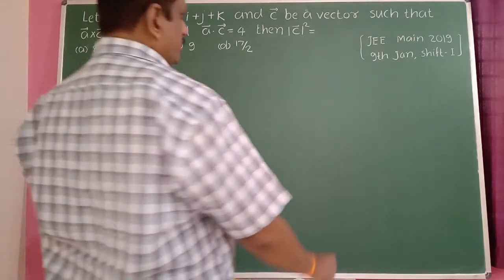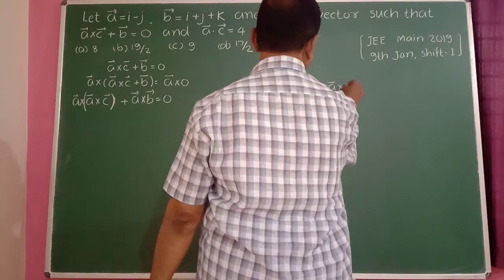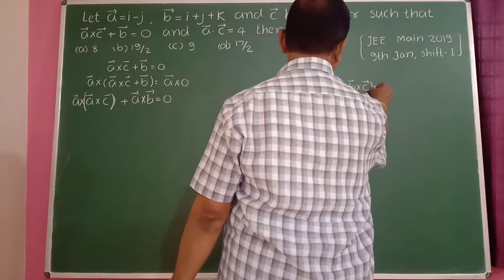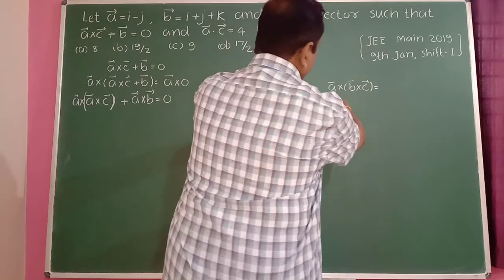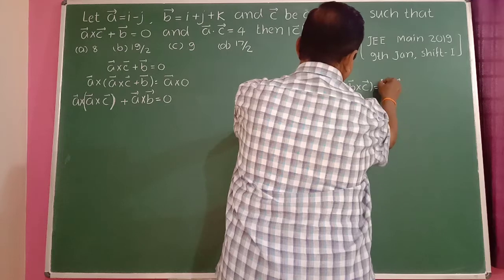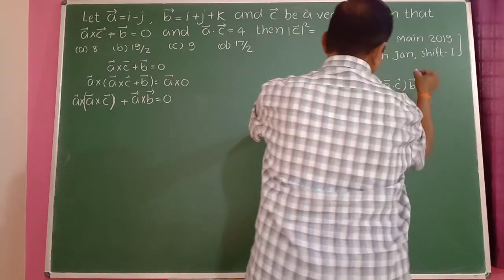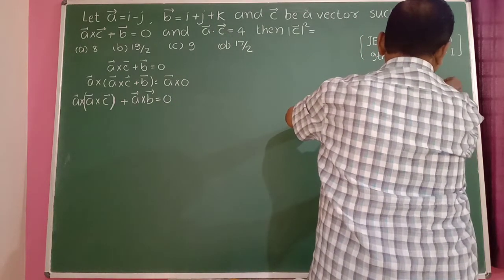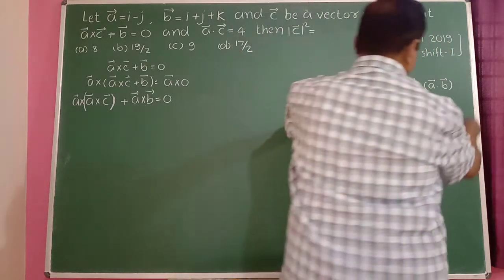You know this vector triple product formula: a bar cross (b bar cross c bar) is equal to (a bar dot c bar) into the middle vector b bar, minus (a bar dot b bar) into the vector c bar.